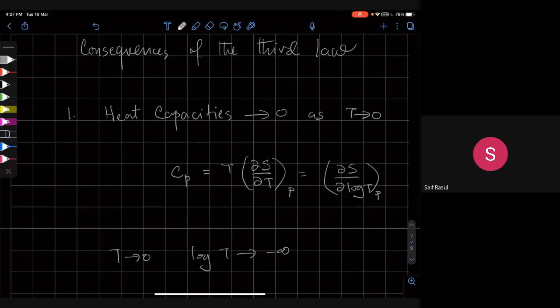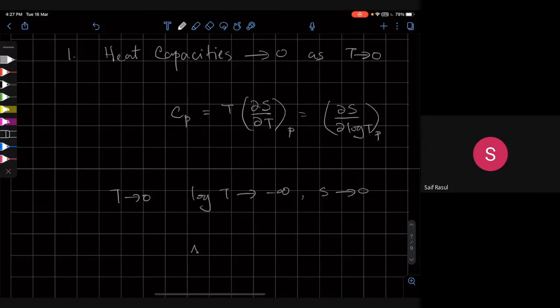And since S goes to 0, delta S over delta log T goes to 0. This is one of the simple consequences of the third law.